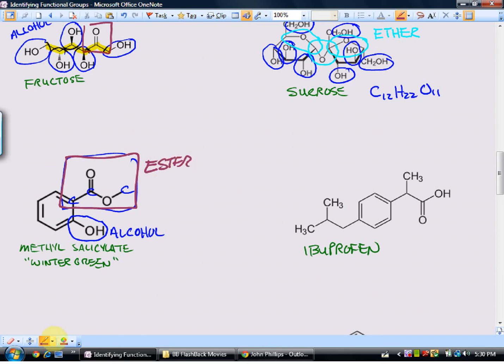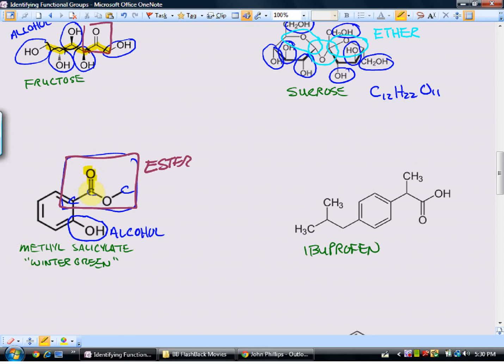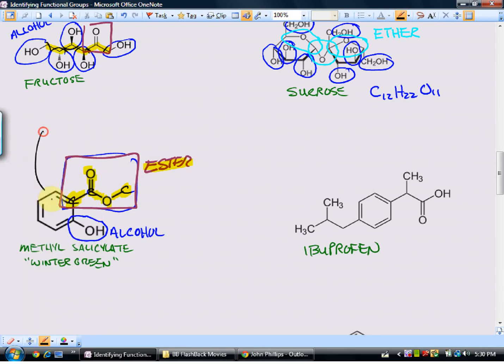Again, as we look at that, I hope you recognize, first of all, that carbon-oxygen double bond connected to a carbon-oxygen single bond. And then you look a little bit more closely, you see that I've got a carbon on this side and a carbon on this side. That is definitely an ester. As a little sidelight, although it's not technically a functional group, notice again, we've got this beautiful 6-membered ring with the alternating double bonds.